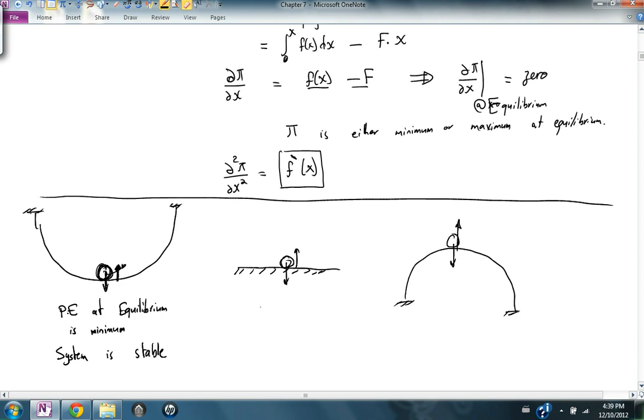Here, the potential energy at equilibrium is in fact constant. The potential energy does not change if you change the position, and that's what we call neutral equilibrium.